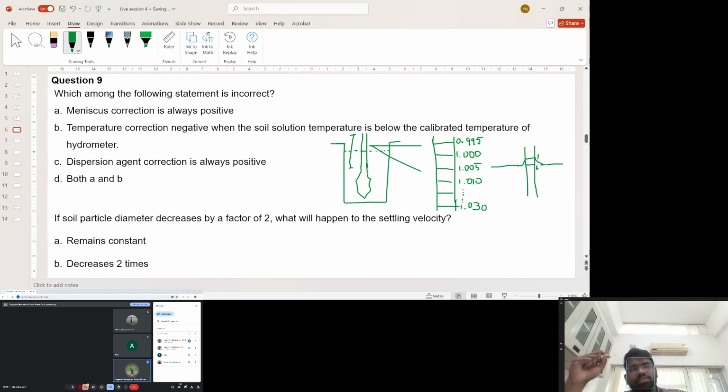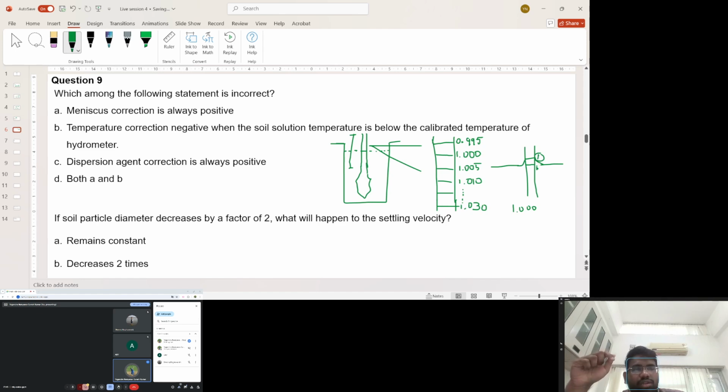This meniscus will always be on the upper side of the actual soil solution level. So whatever reading you take, you will be able to see this demarcation. So you will note it down wrongly as 1.000 at a particular time, but the actual correction is this one.